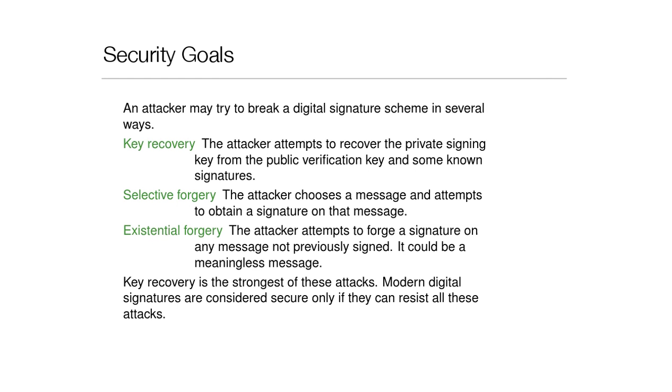A signature scheme which is not secure against existential forgery and selective forgery, but is secure against key recovery attacks, is not very strong, because it is only secure against the most difficult attack, while easy attacks remain possible.